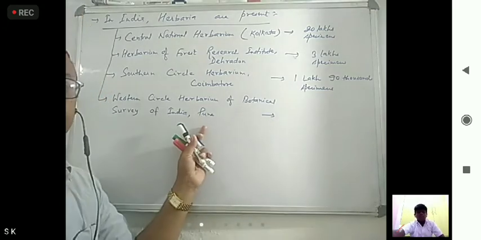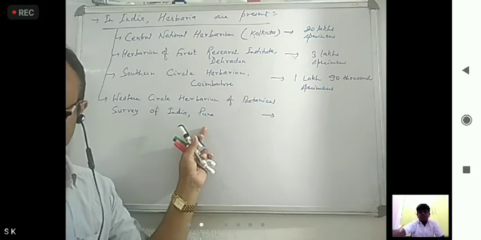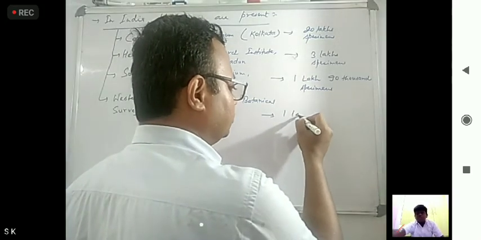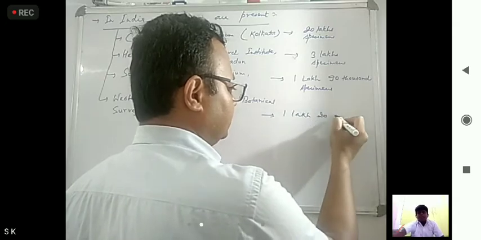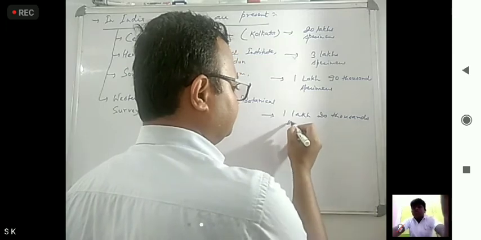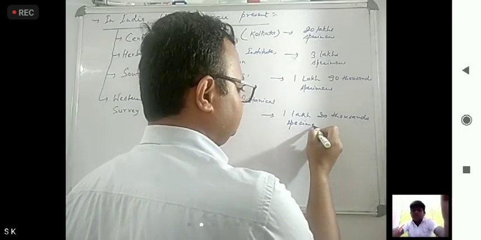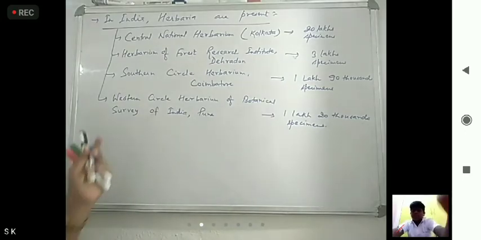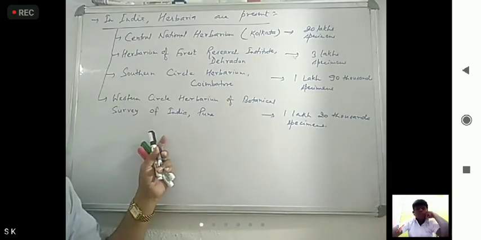It contains 1,20,000 specimens. So this is Western Circle Herbarium of Botanical Survey of India, Pune.